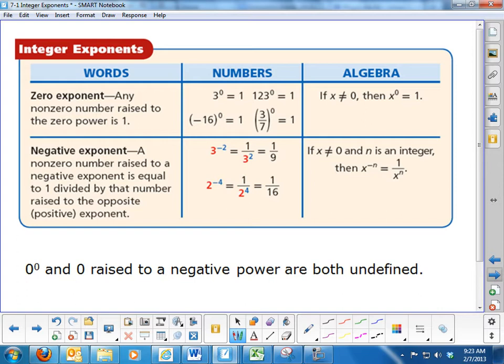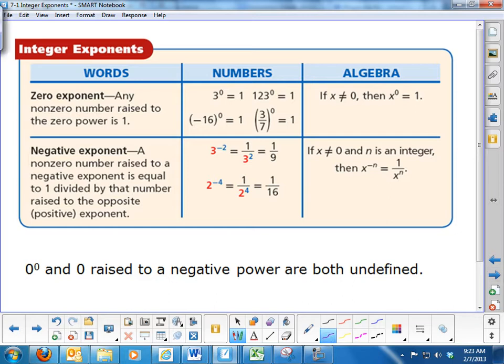I take 1 on top, and then I divide it by the same exact thing, but with a positive exponent this time. So my 3 to the negative 2nd becomes 3 to the positive 2nd. We know what 3 squared is. 3 squared is 9. So 3 to the negative 2nd is equal to 1/9. 2 to the negative 4th.